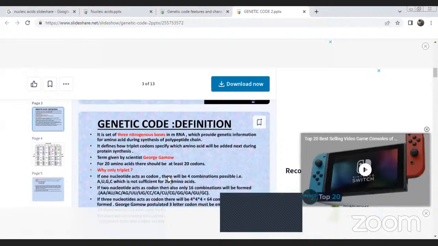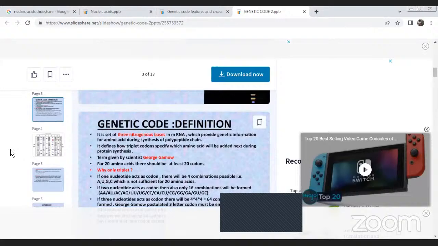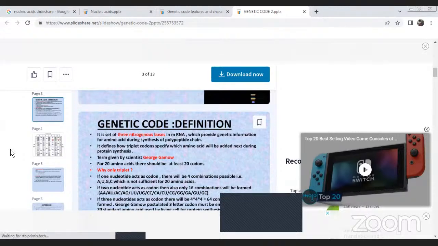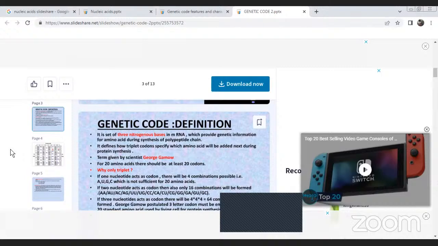The genetic code is mainly a set of three nitrogen bases in mRNA, which provides the genetic information for an amino acid during the synthesis of the polypeptide chain.